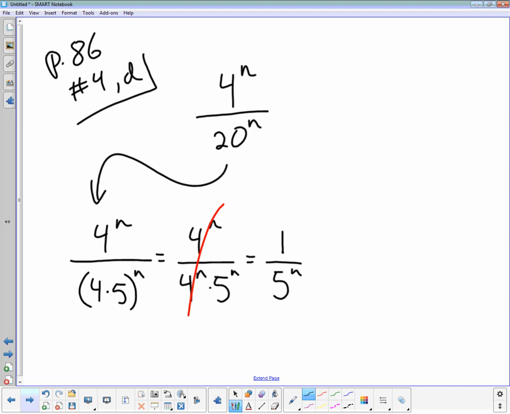That's one way to play it. Now, another way to play it would be this way.